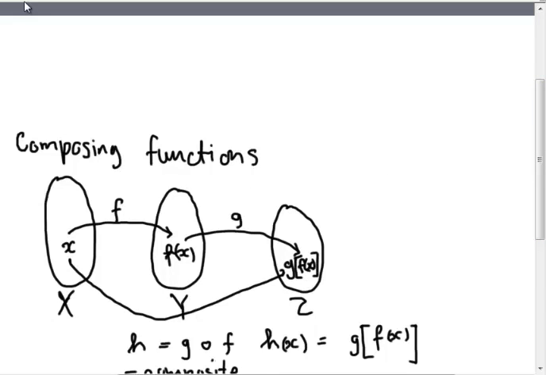Let's control T. Right. What was our f? Our f was what? 1 over x. Our g of x was equal to x plus what? Plus 2.